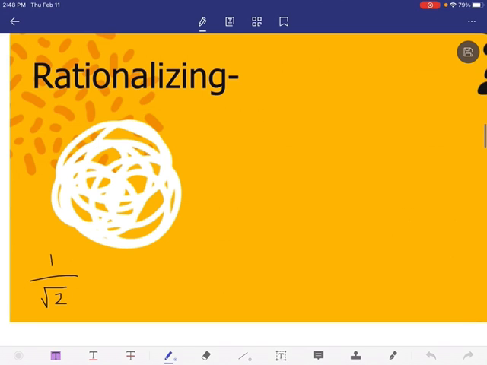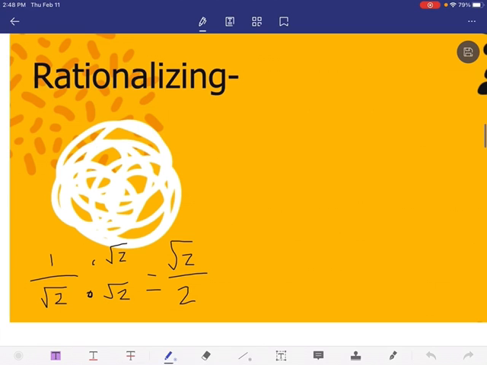So what we do is we rationalize them, meaning that we make them a rational number. And hopefully we recall, when I have something like a square root of 2, I multiply by the square root of 2 to the top and the bottom, and I get the square root of 2 over 2.